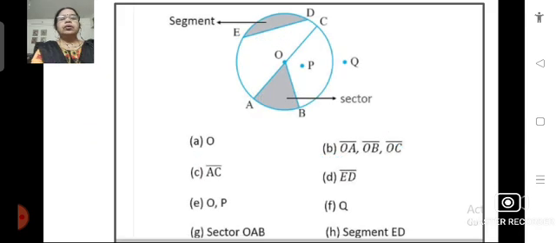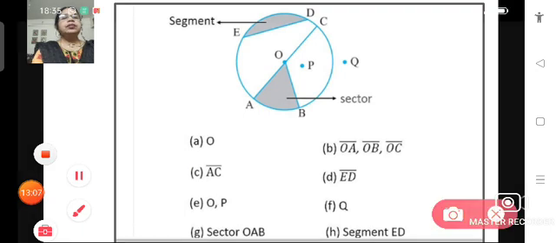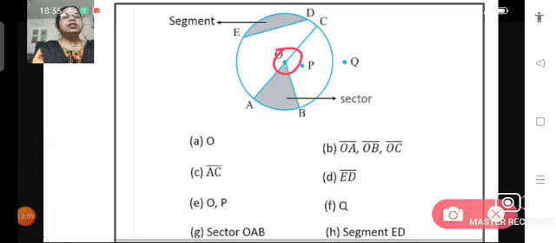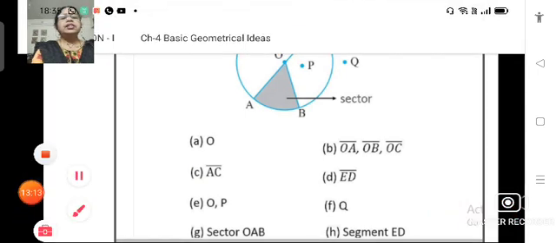So O is the center of the circle, and 3 radii.